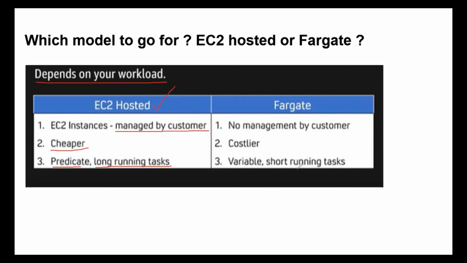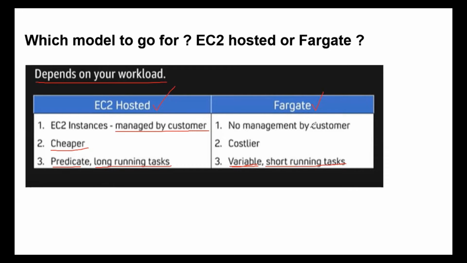But if the application workload is going to be variable, wherein it is going to run short running tasks, the workload is very ad hoc, and you can even expect sudden spikes in traffic, then for those kinds of workloads, the recommended launch type is the Fargate model.